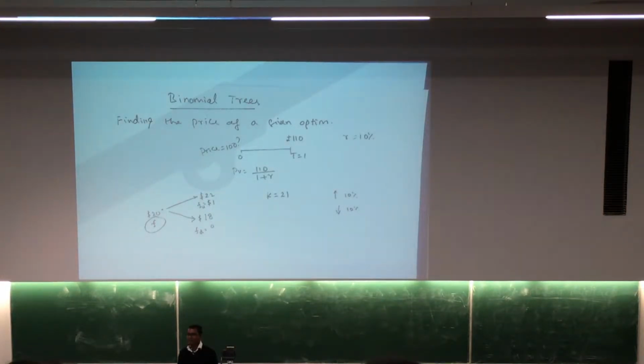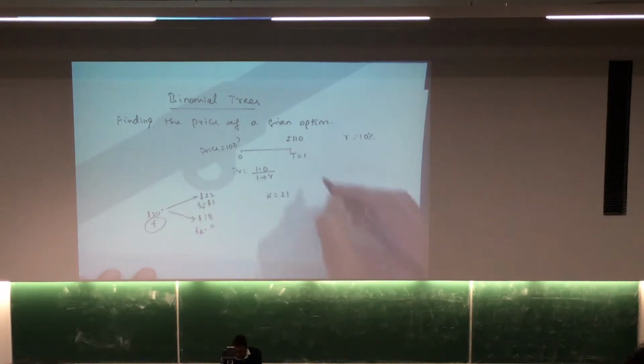So we need a sort of sensible theory that would give us the price for the option that we are going to buy when time equals 0. The idea is very simple. We have the answer here. You can price the option if the future value is going to be constant.